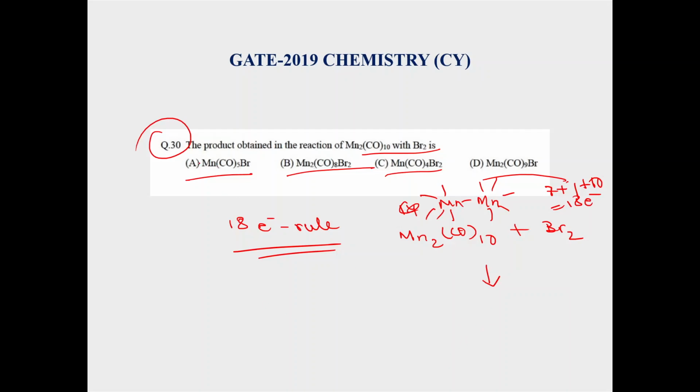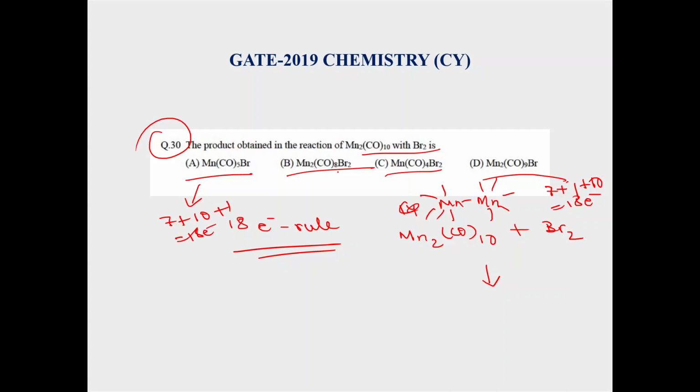Now check the options. Option A is MnCO5Br. Valence electron count: manganese gives 7 electrons, 5 CO give 5 times 2, which is 10, plus 1 from Br. So this satisfies 18 electrons.